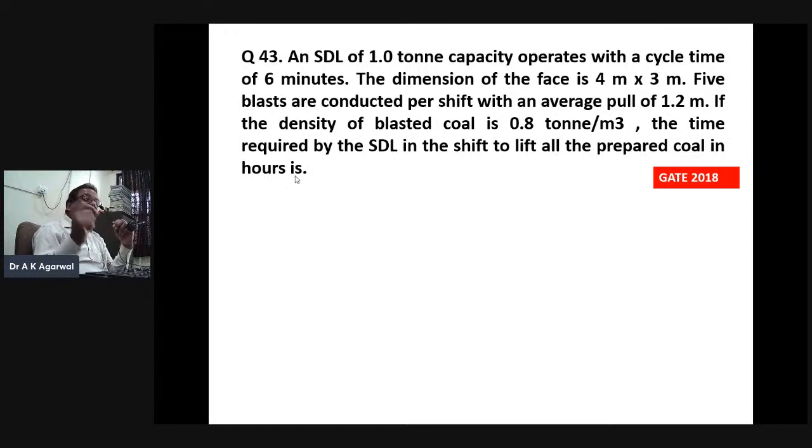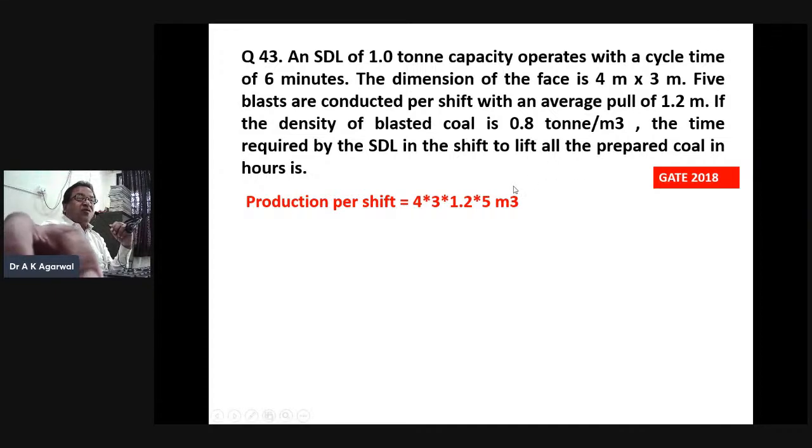So first let us find out how much coal is produced in one shift. The face dimensions are 4 into 3 meter, and average pull is 1.2. So coal production per shift is 4 into 3 into 1.2 into 5, because 5 blasts are conducted per shift.